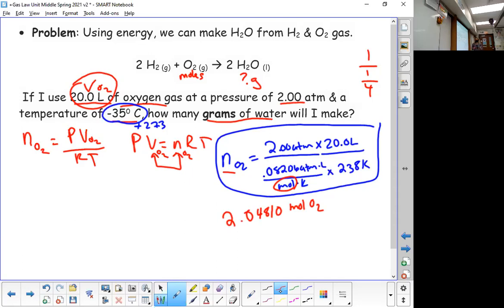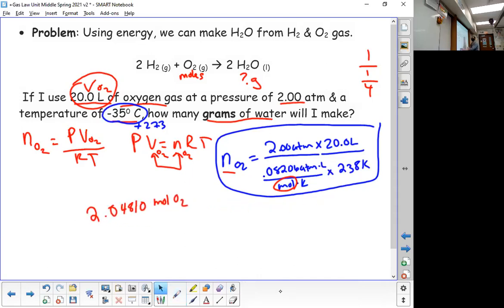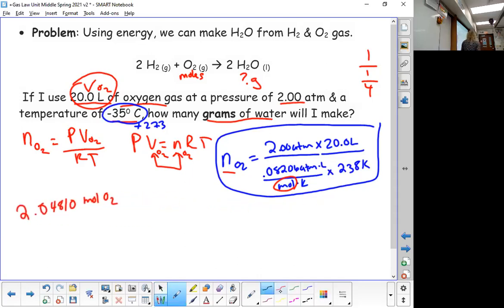I'm not rounding here, because it's not the final answer. I don't want to over round. If it just wanted moles of O2, then I would round with sig figs, which would be 3. But we really want to know how many grams of water we can make. So I would just take this in my calculator, and for every 1 mole of oxygen gas that reacts, you form 2 moles worth of water.